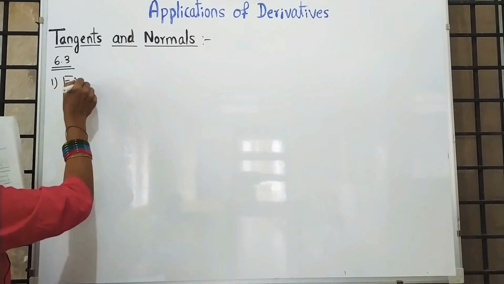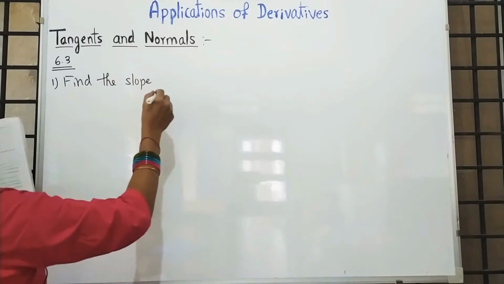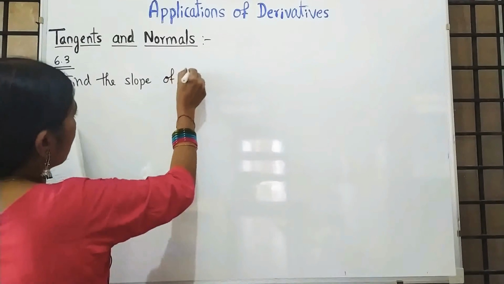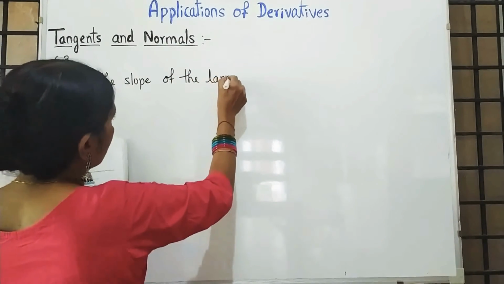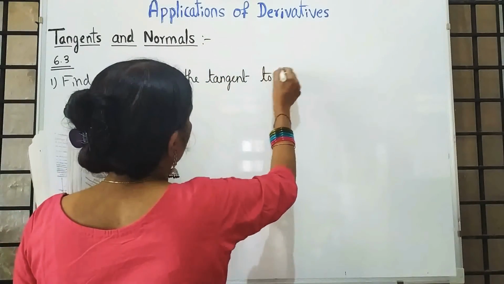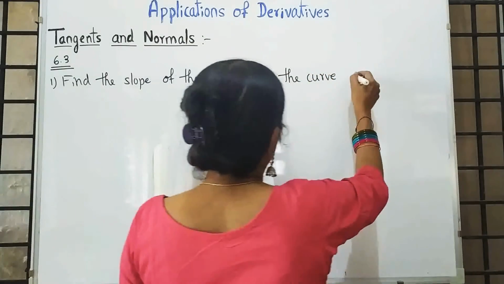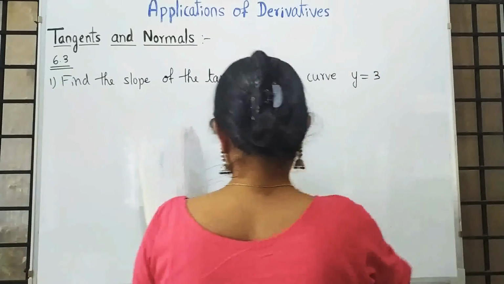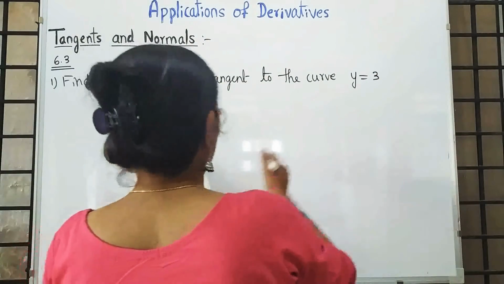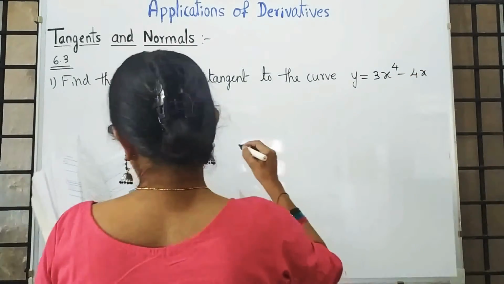Find the slope of the tangent to the curve y is equal to 3 into x raised to 4 minus 4x at x is equal to 4.